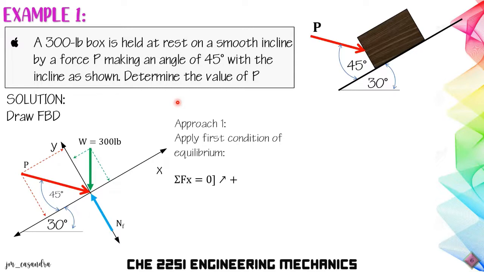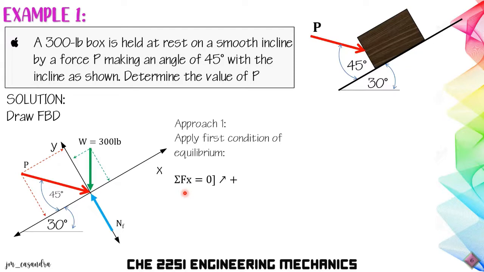We take the summation along x since it will be the simplest equation that can solve for the value of P. If we use summation of forces along y, we do not know the value of the normal force, so we will have a longer equation.